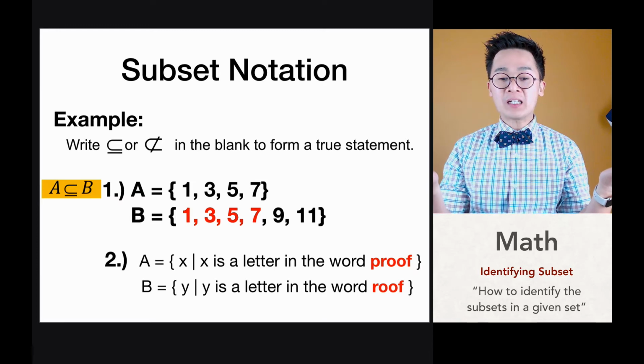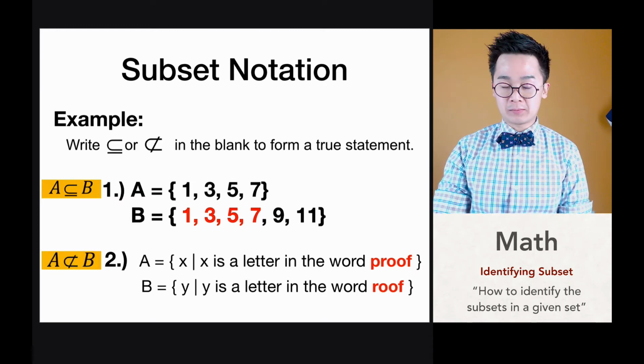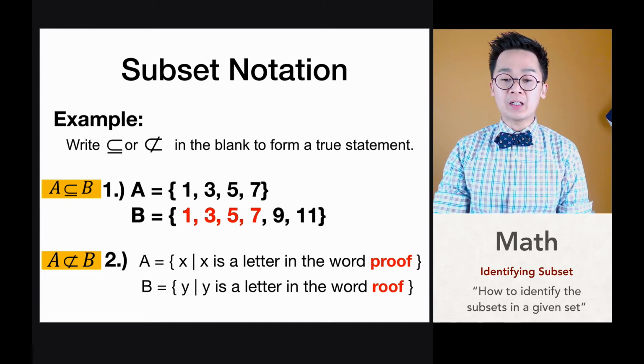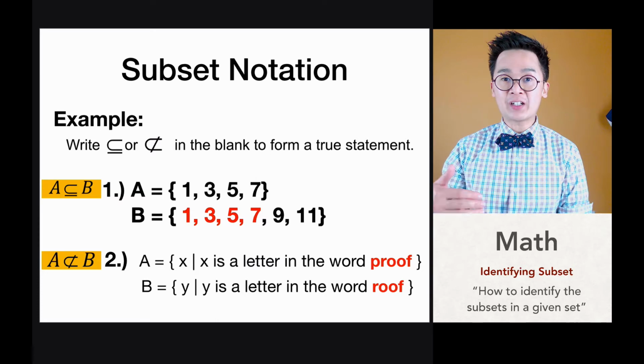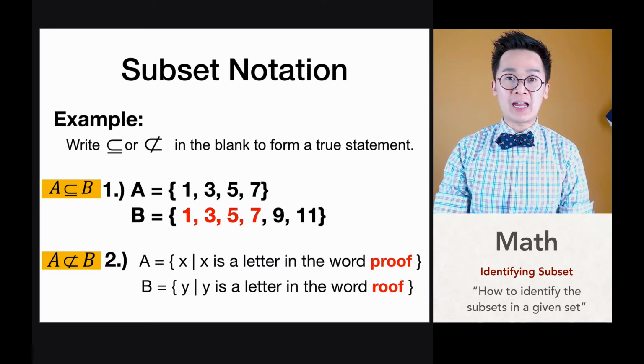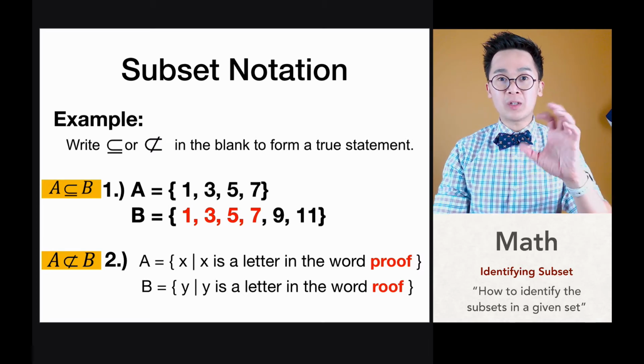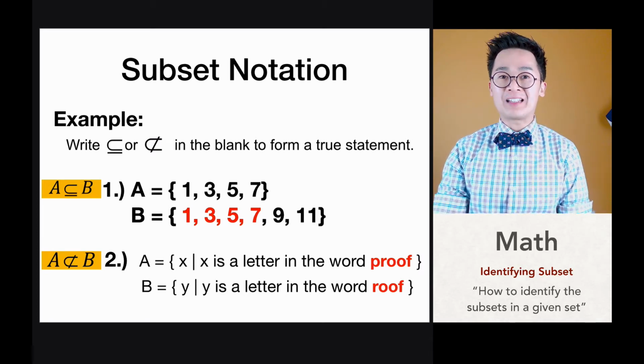So in this particular case, set A is not a subset of set B because there's no letter P in the second set, or set B. So we can say that subset notation is not commutative, which means you cannot switch them around to get the same result. This is how we write the subset notation based on this symbol.